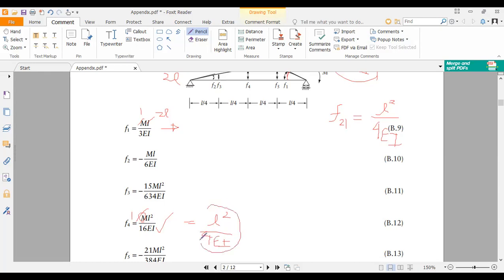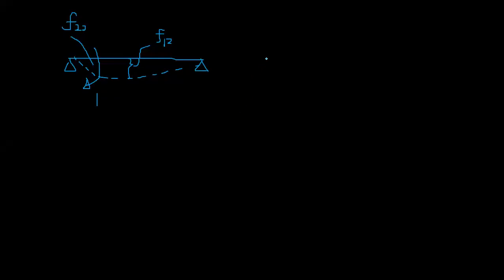This is exactly the magnitude as the F21, right? So this is F12. Can you see? So we will determine the sign as well. F12 was L squared over 4EI, and now it is in downward direction.